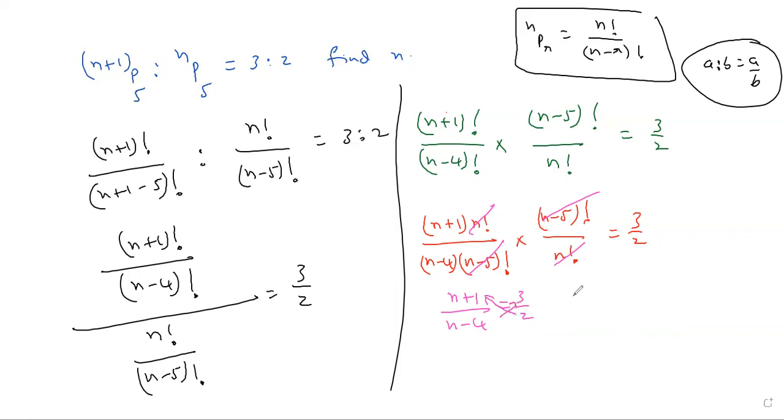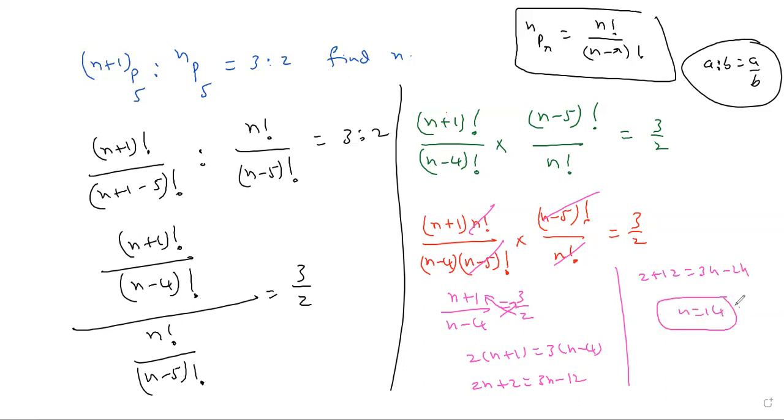Then just cross multiply. 2 into n plus 1 is equal to 3 into n minus 4. 2n plus 2 is equal to 3n minus 12. So clearly 2 plus 12 is equal to 3n minus 2n, where n is 14. Okay, easy question.